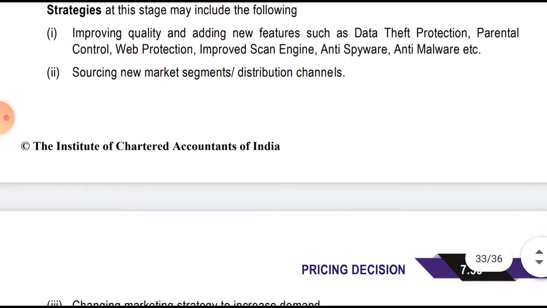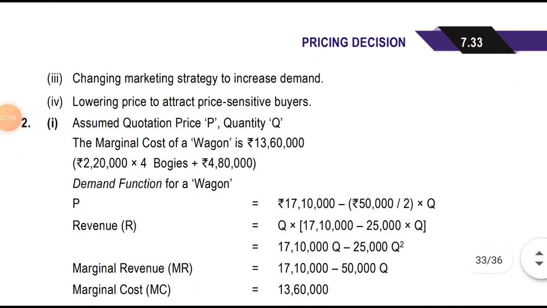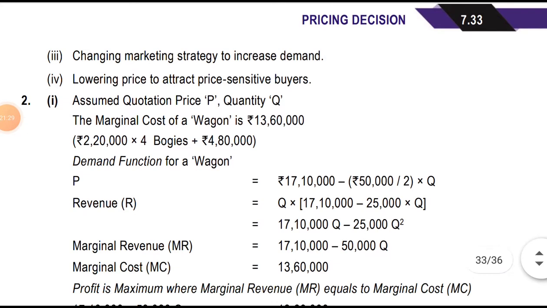Then sourcing new market segments and distribution channels. So first is adding new features, then sourcing new market segments and distribution channels. Then changing the marketing strategy to increase the demand.